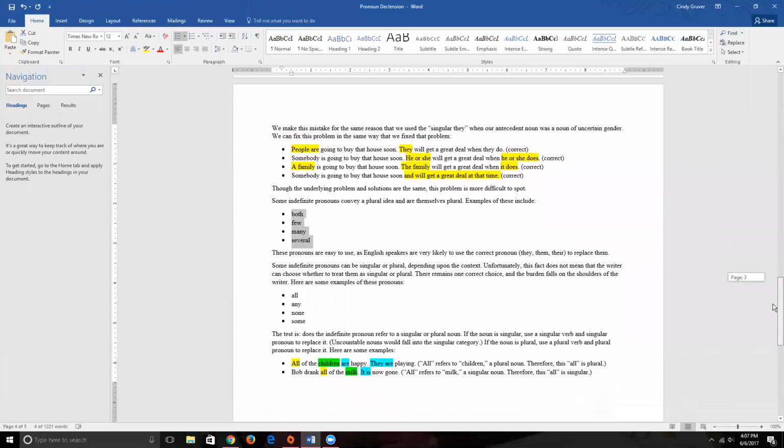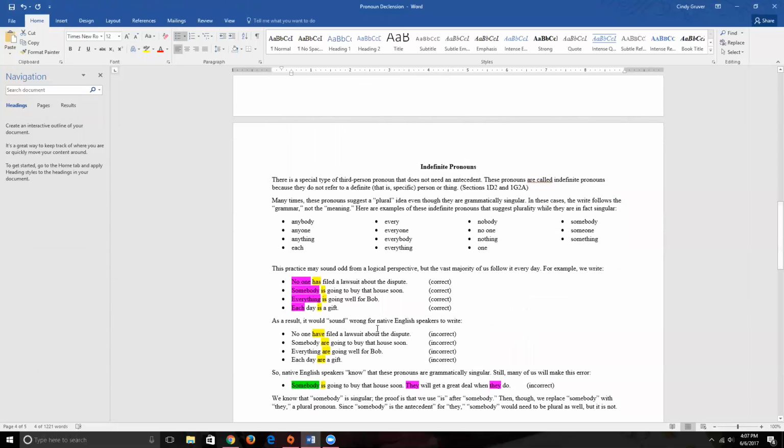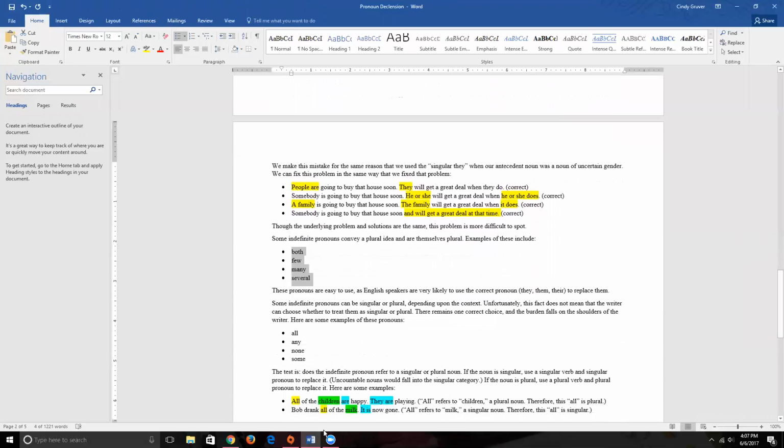But there is a category that's even harder than our first ones in some cases. Our first ones were hard because there was this disconnect between the meaning and the grammar. But this last group here, all, any, none, and some, and these are just examples, are even more confusing because there's not a set answer. I mean, all of these have kind of a plural meaning, although I guess none doesn't really have a plural meaning.